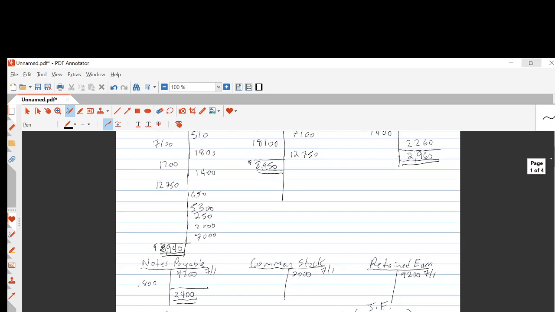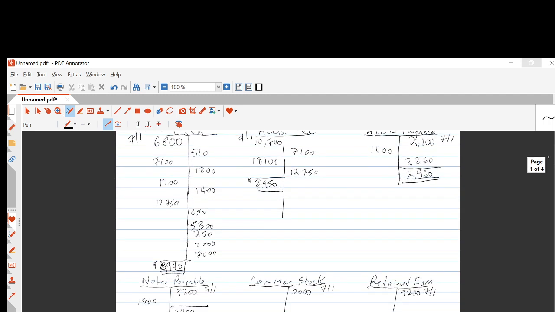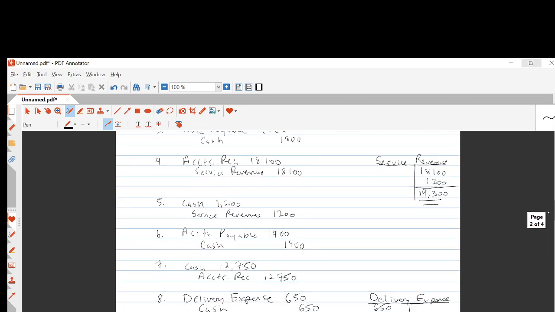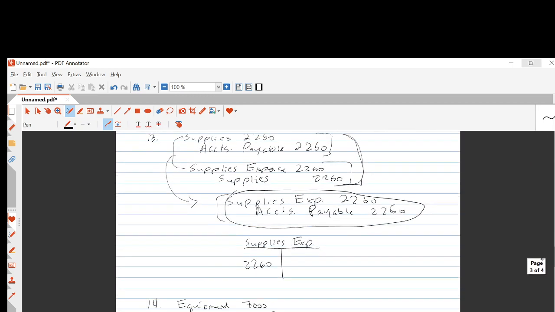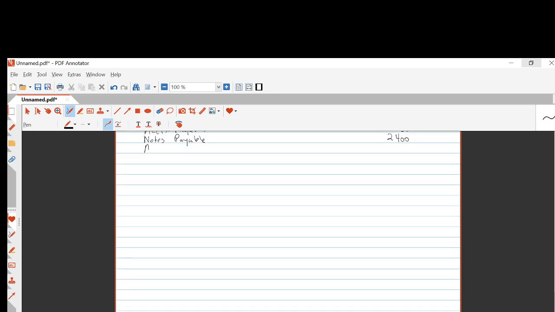We'll do our revenues last. We have common stock and retained earnings. Any other payables here? Let's see. So advertising payable, common stock, retained earnings.